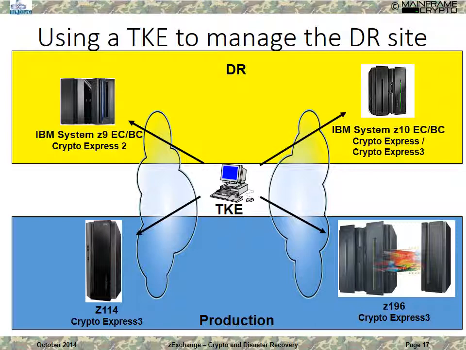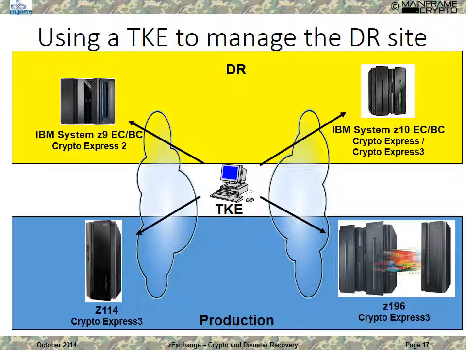And then you could put your production TKE on the West Coast, maybe in LA, and your DR TKE on the East Coast, maybe in Washington D.C. And you're pretty confident that a single DR event is not going to take out all of that in one shot. Now that's probably overkill. That big a spread is probably not what you need. But the reality is you probably do want to have a DR TKE.